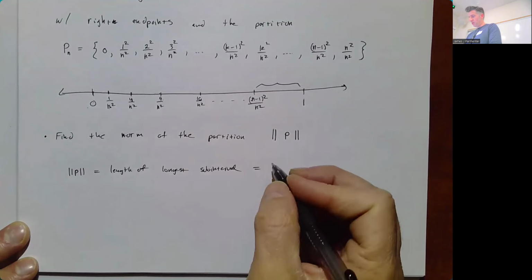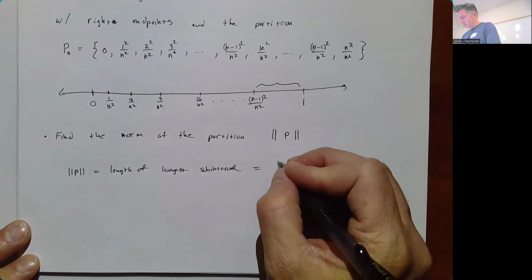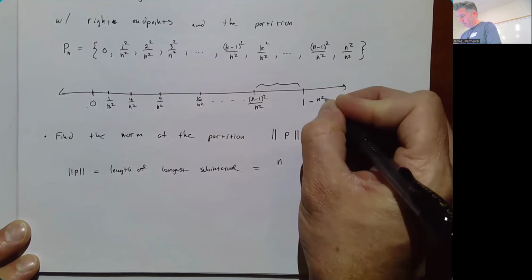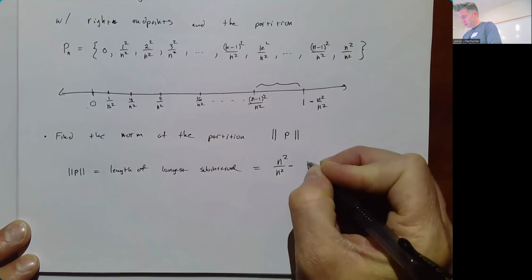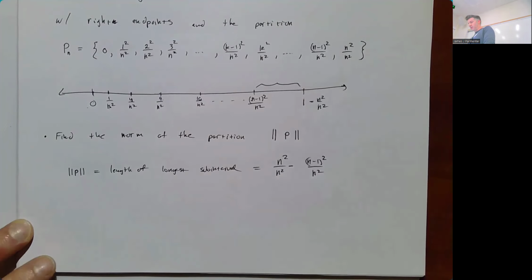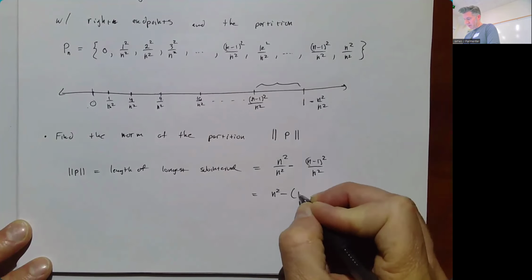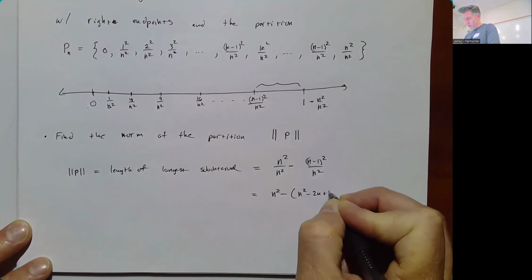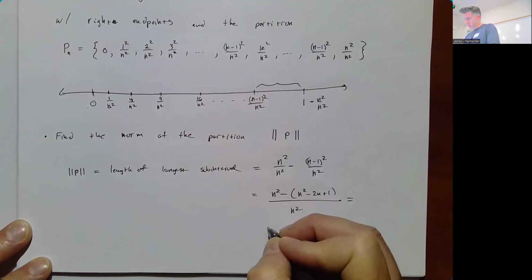is going to be 1 minus n minus 1 squared over n squared. So let's be smart and write that as n squared over n squared minus n minus 1 squared over n squared. And we can simplify that a little bit. That's going to be n squared minus n squared minus 2n plus 1 over n squared, where the n squareds cancel.